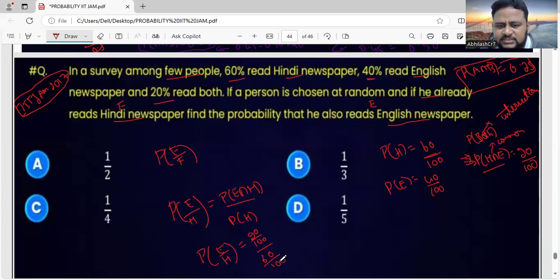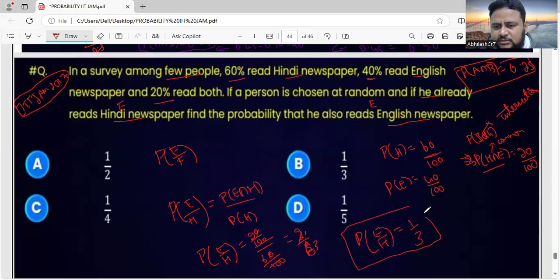The 100 I can cancel, 0 I can cancel, and I will be left with 2 by 6, which is 1 by 3. So the probability of a person reading English newspaper, given that he already reads Hindi, is 1 by 3.